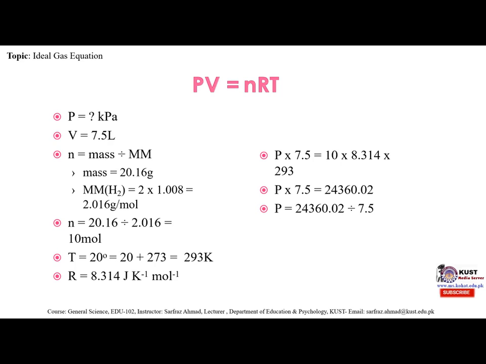P is equal to 24360.02 divided by 7.5, because 7.5 is multiplying, and when we shift it from the left-hand side to the right-hand side, we write it in division. Then P is equal to 3248 kilopascals.